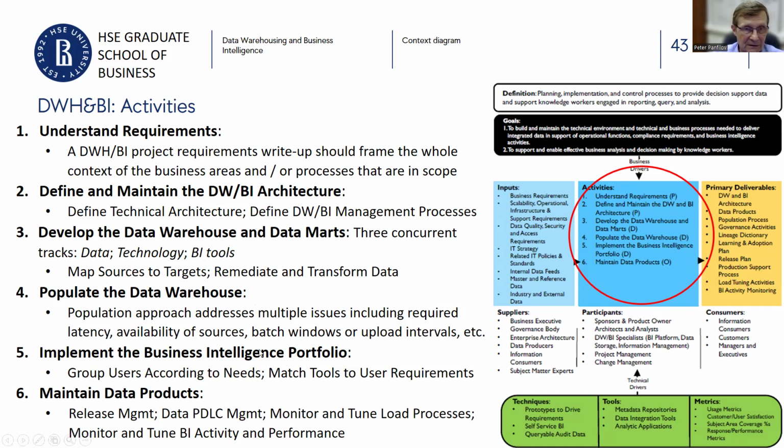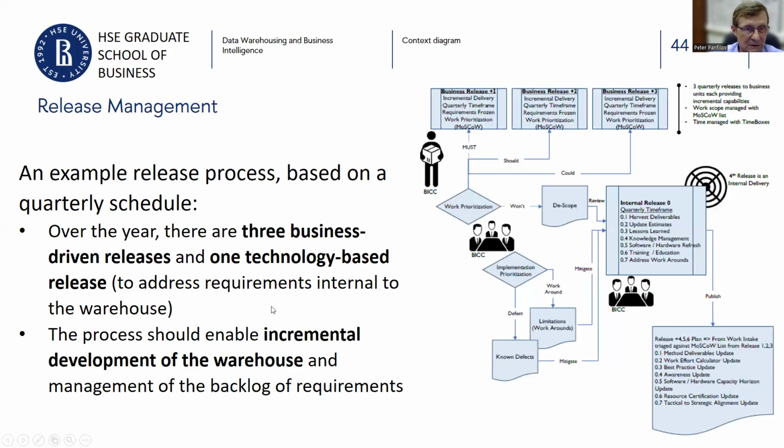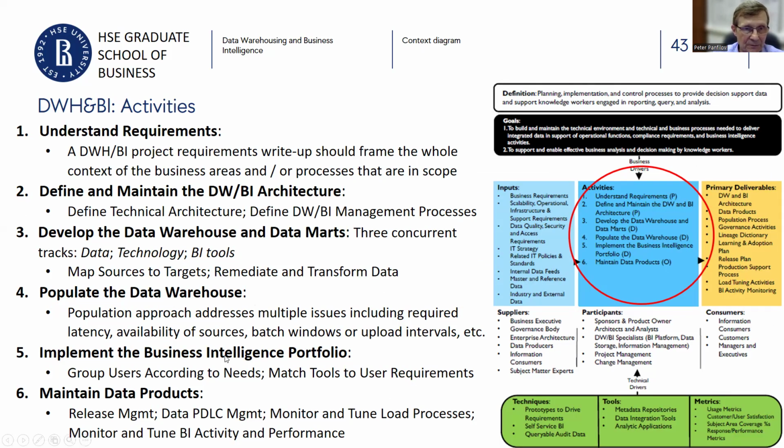Okay, and then implement the business intelligence portfolio, group users according to needs. As I said before, contact all departments just to understand what kind of analytics those departments need. So the marketing department needs analytics for possible customers for your products.